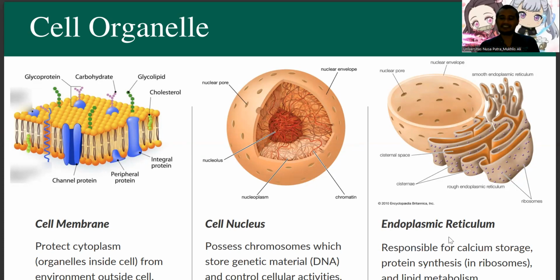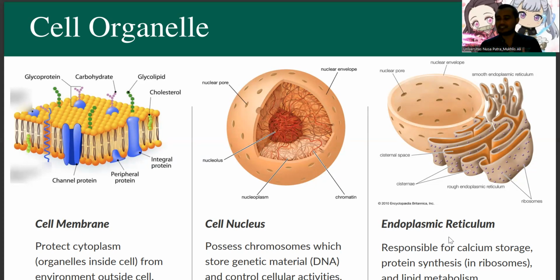The third is the endoplasmic reticulum. The endoplasmic reticulum is positioned outside of the nucleus, and its function is to store calcium, also synthesize protein, and metabolize lipid.